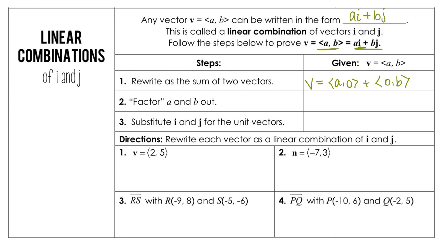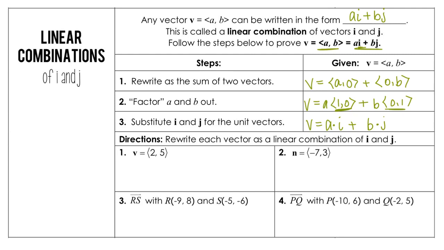So in other words, I'm going to rewrite this as a times the vector <1, 0>, plus, and then over here if I take out that b, that's going to be <0, 1>. And so notice that again we're back to what we just looked at. So this is really going to be a times i plus b times j. And that, again, is your linear combination of vectors.